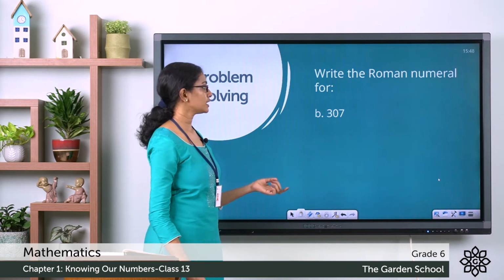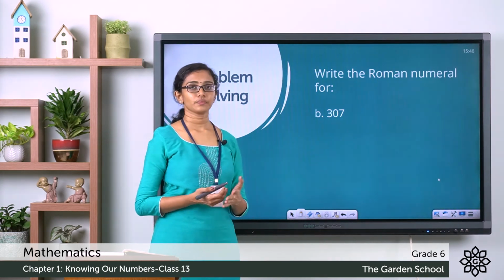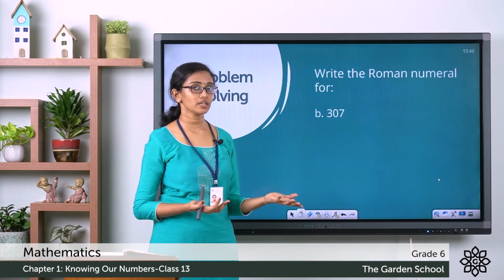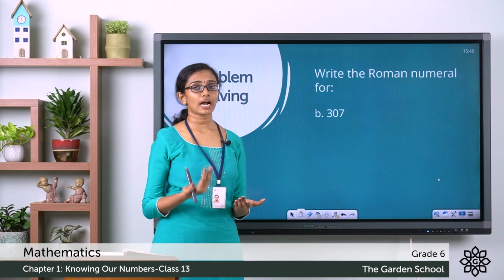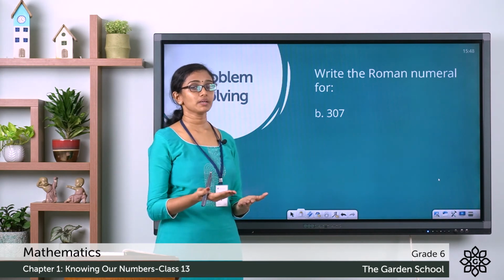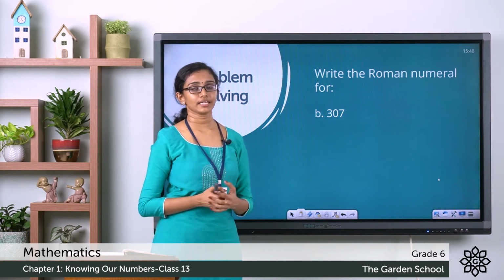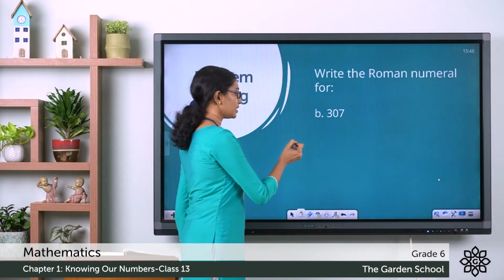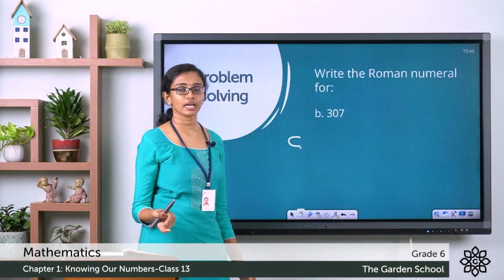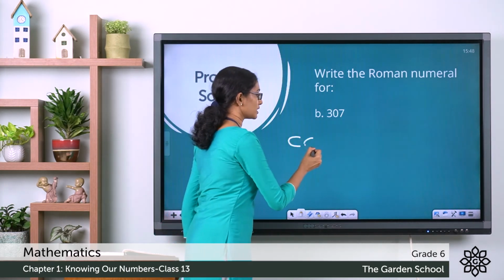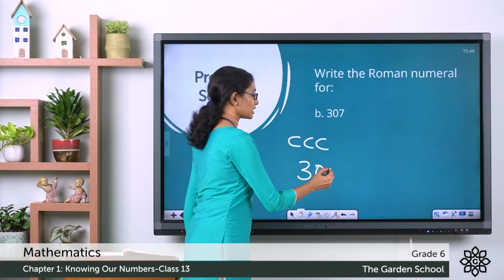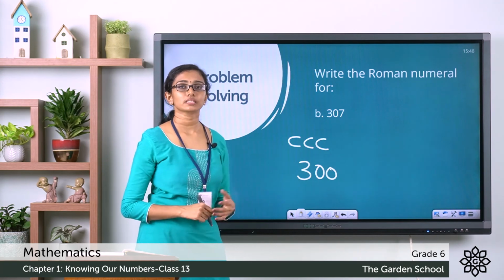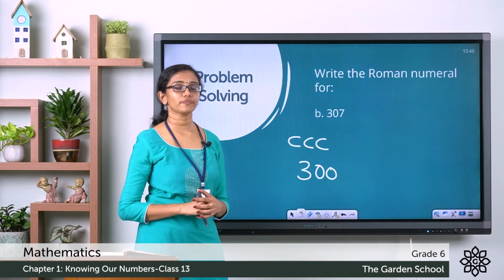The question B, 307. We don't have a symbol for 307. Do we have a symbol for 300? We have a symbol for 100. And if we write that symbol thrice, it means it is 300. What is 100? The symbol C represents 100. So if C is written 3 times together, it means a value equal to 300. Now what is left? 7 is left. Do we have a symbol for 7?